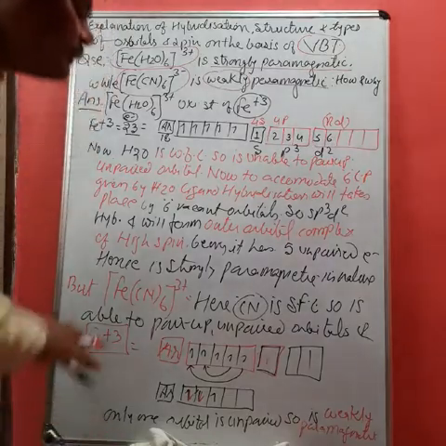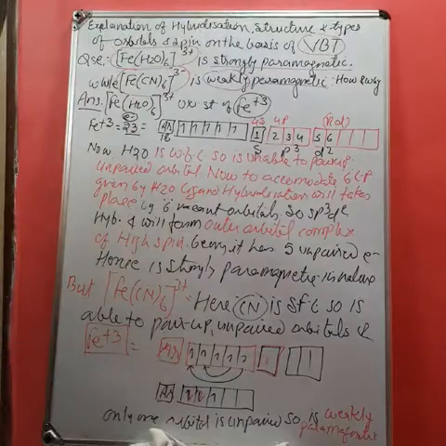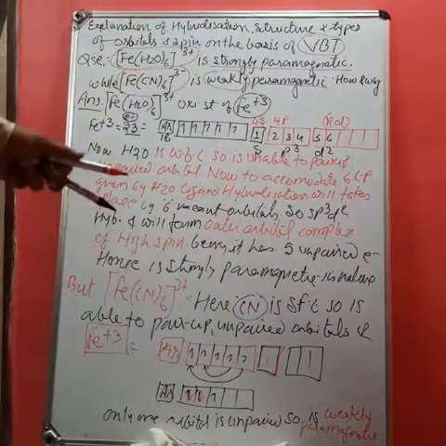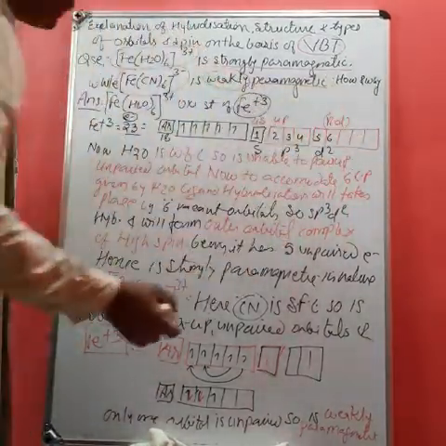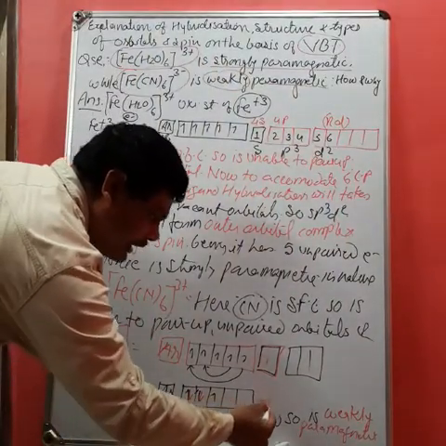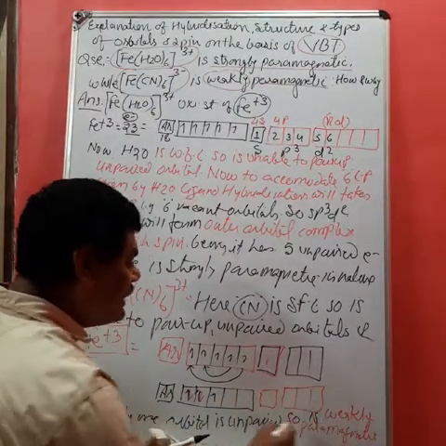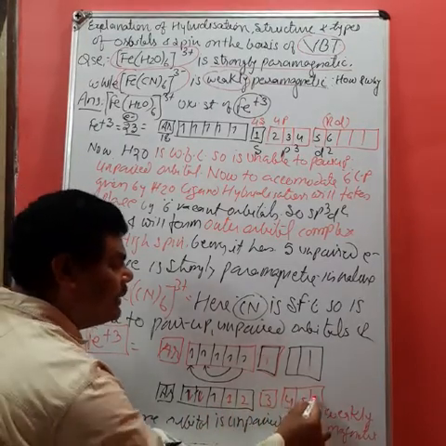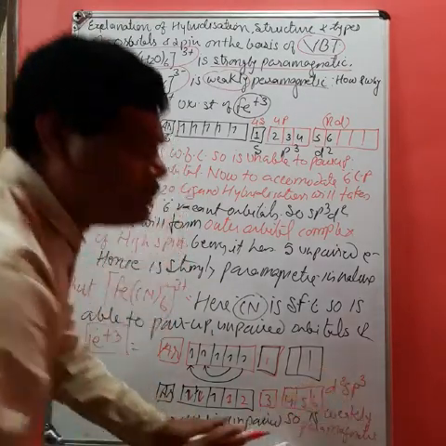On the basis of it, we can find that the remaining two d orbitals will participate in hybridization, belonging to (n-1)d. Therefore, it is called an inner orbital complex. That is just the opposite: here it is outer orbital, but now, student, these orbitals 1, 2, 3, 4, 5, 6, the hybridization will take place in these orbitals. So it will become d2sp3. This is called an inner orbital complex.